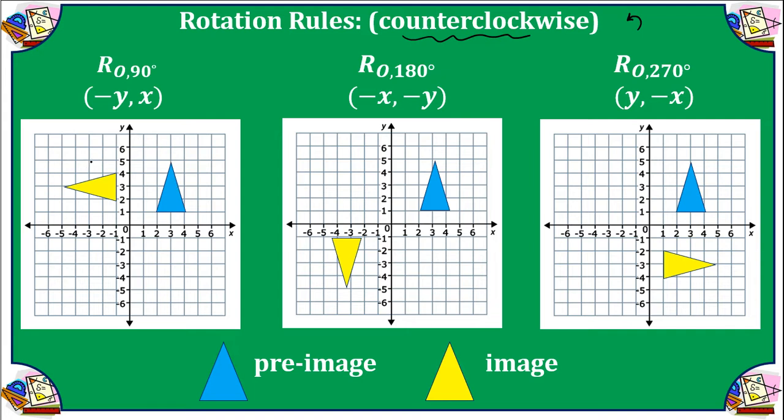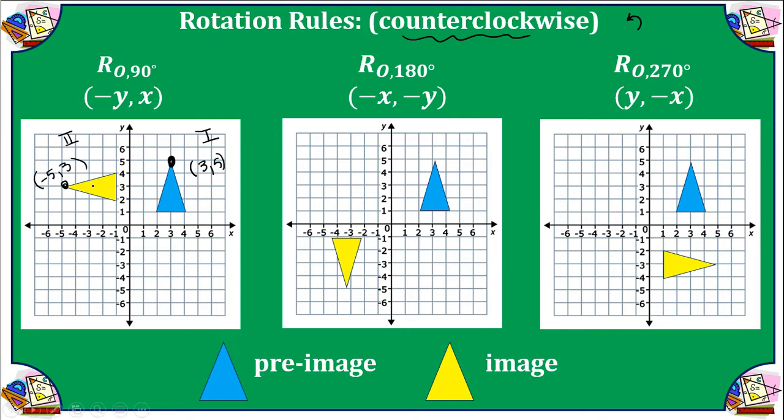So 90 degrees is moving one quadrant around. We started out in quadrant 1, and now we are in quadrant 2. Take a look at this ordered pair, which is (3, 5), and it's rotated around the origin, and the new ordered pair is (-5, 3).